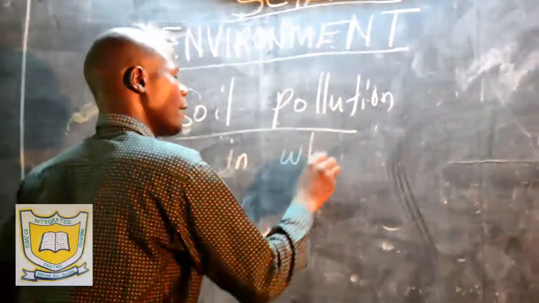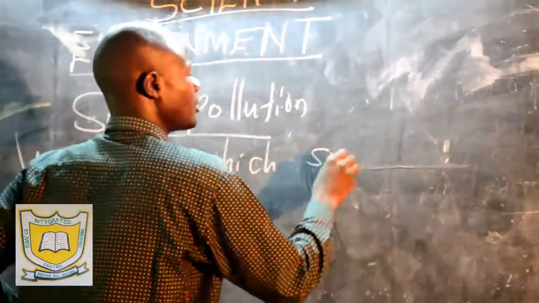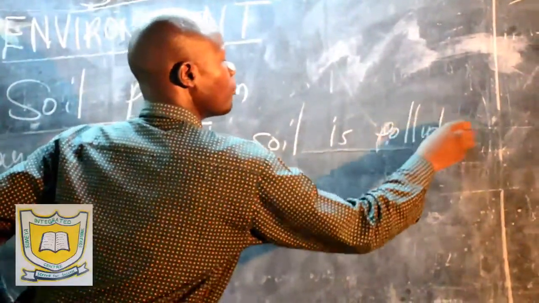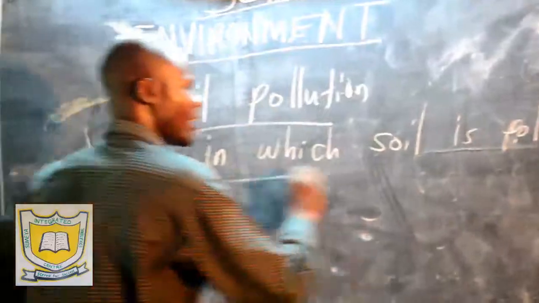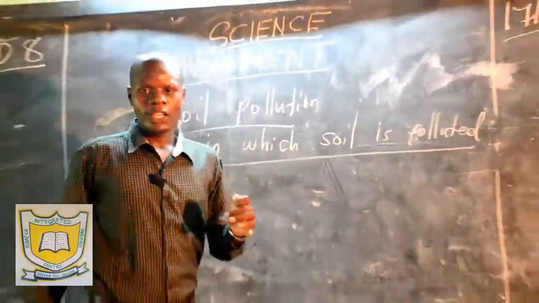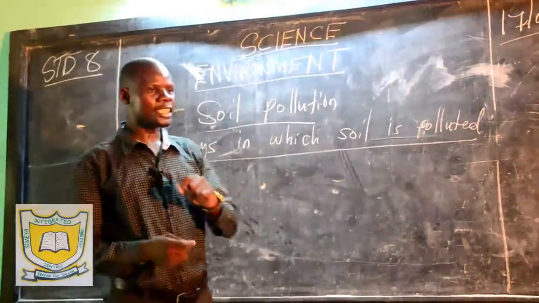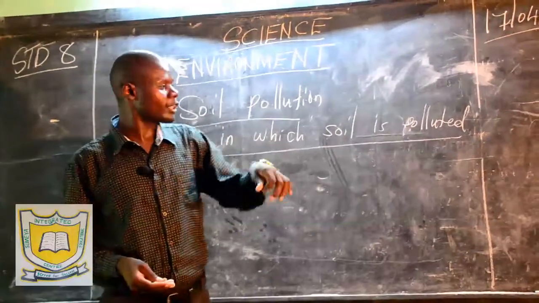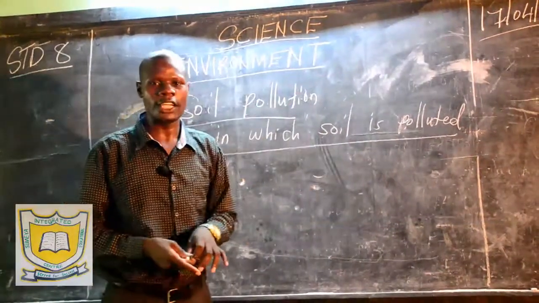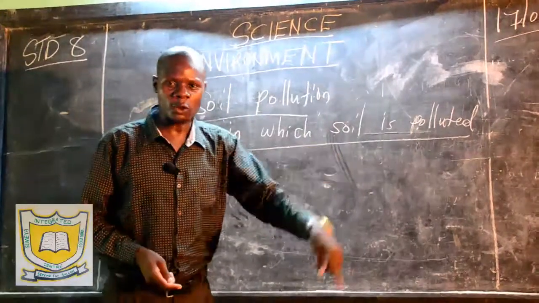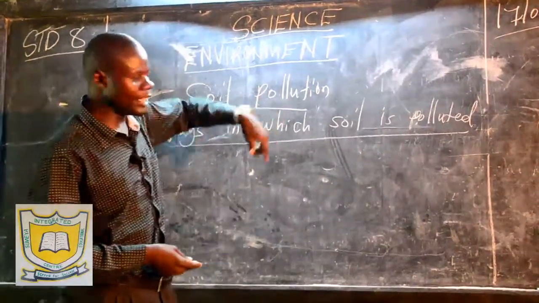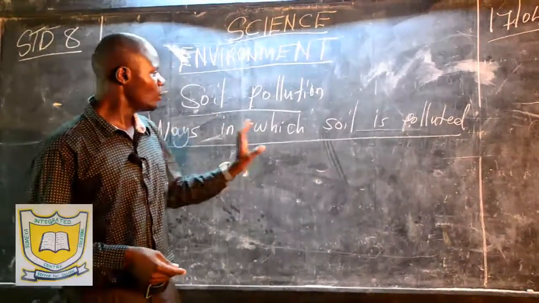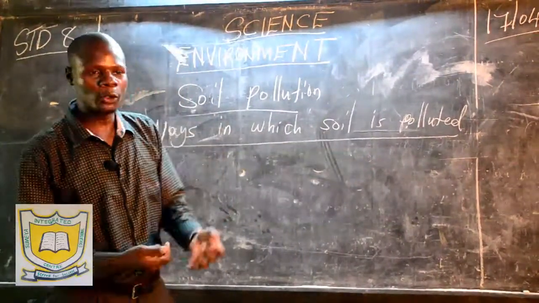I have said pollution is introduction of harmful substances. Now, how are these harmful substances introduced in the soil? Who is introducing them in the soil, in which way are they introduced, and what are they? So we want to see in which ways this soil is polluted.